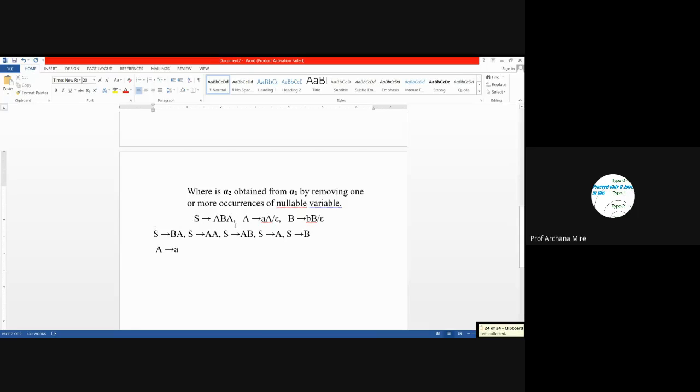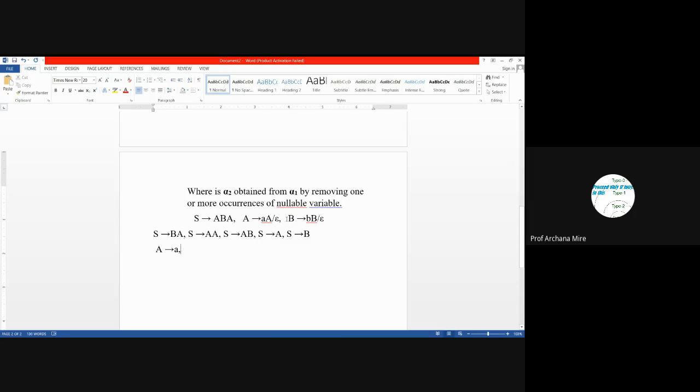Once again, the possibility is only one. We can remove only this A. So the new production rule which can be inserted is A leading to small a. There cannot be any other production rule which can be added here.